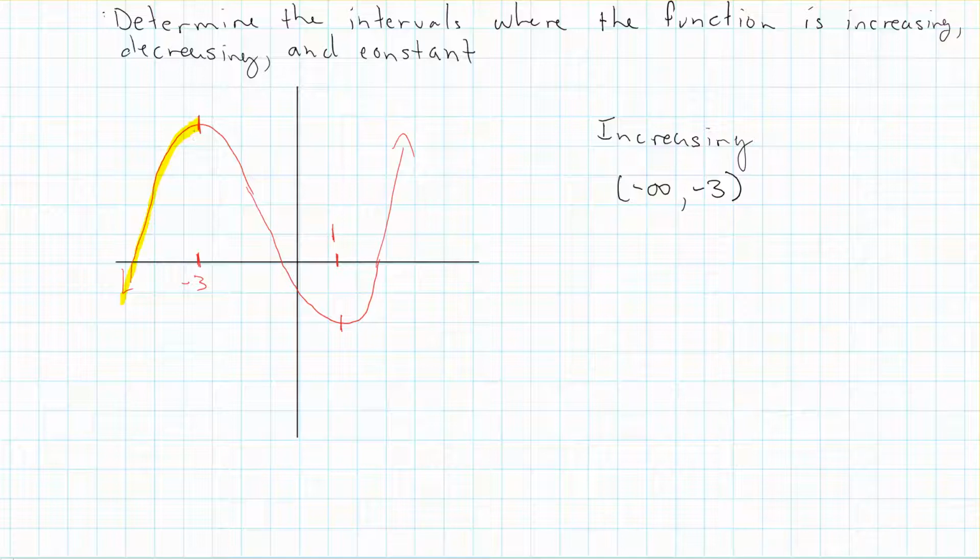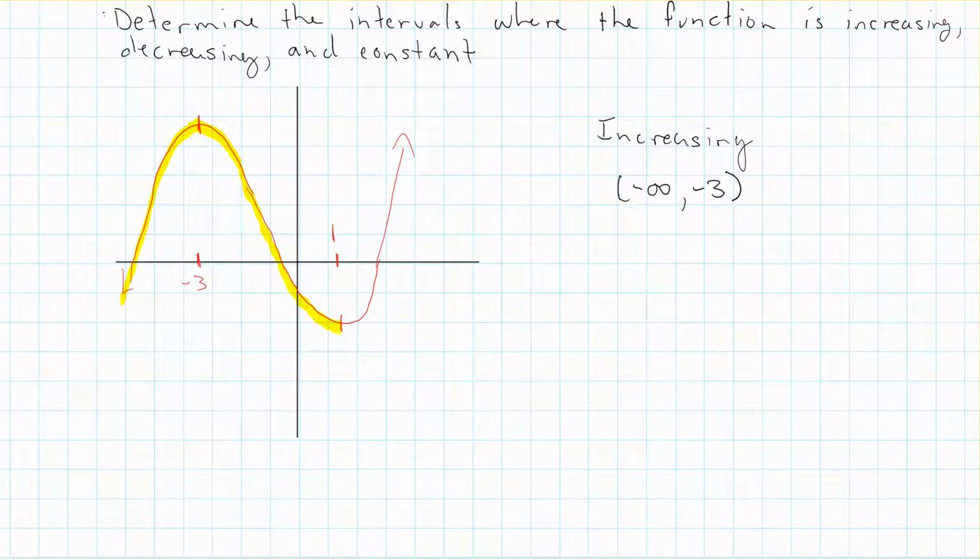This point here has actually got a special term for it that we'll talk about in a second, and we'll even come back to this same example. If we continue on here, I can see I'm now going down, and I keep going down until I hit x equals 1.